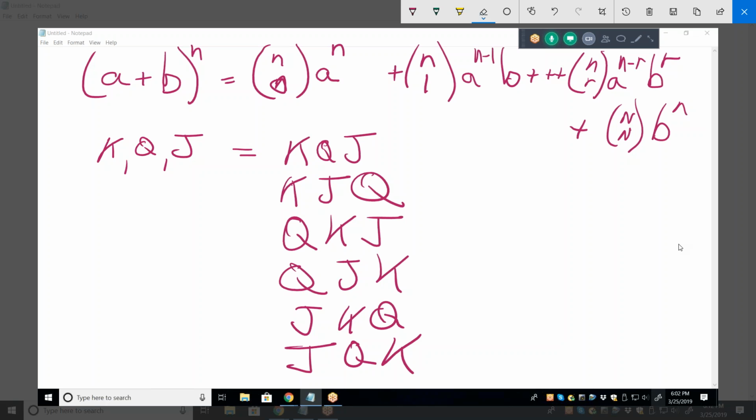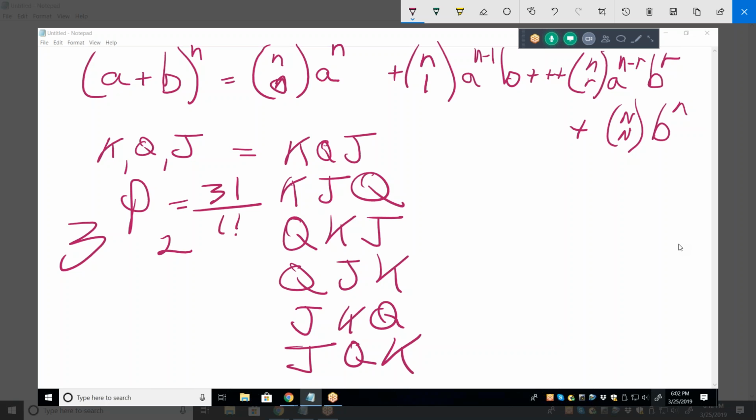Now, I don't know why I can't come up with this permutation problem. What would it be? It would be 3 pick, it's got to be 1. No, it's not 3 because that would, 3 pick 2 would come out to be 6, because that would be 3 factorial over 1 factorial.